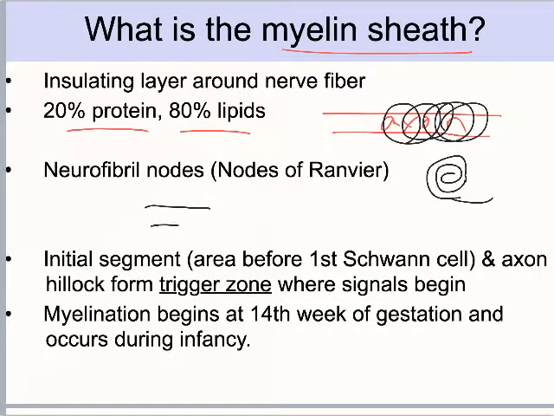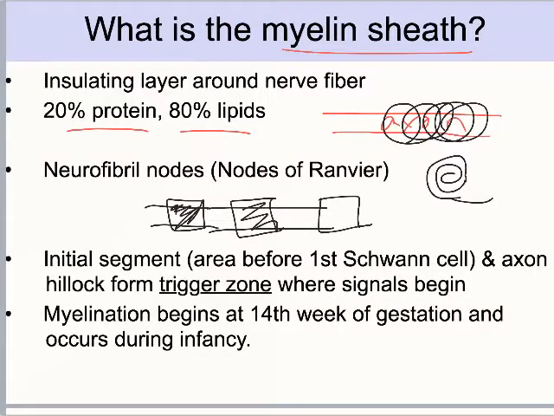If this is the axon, we have places where we have the myelin, and then we have spaces in between those. Those spaces are called nodes of Ranvier, or neurofibril nodes if you want to get away from the person's name. So neurofibril nodes, or the nodes of Ranvier, are the spaces between the myelin.